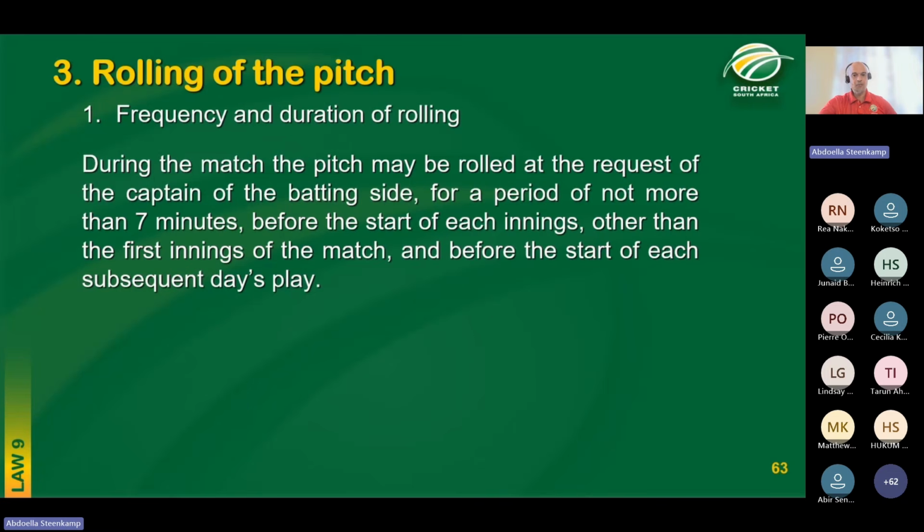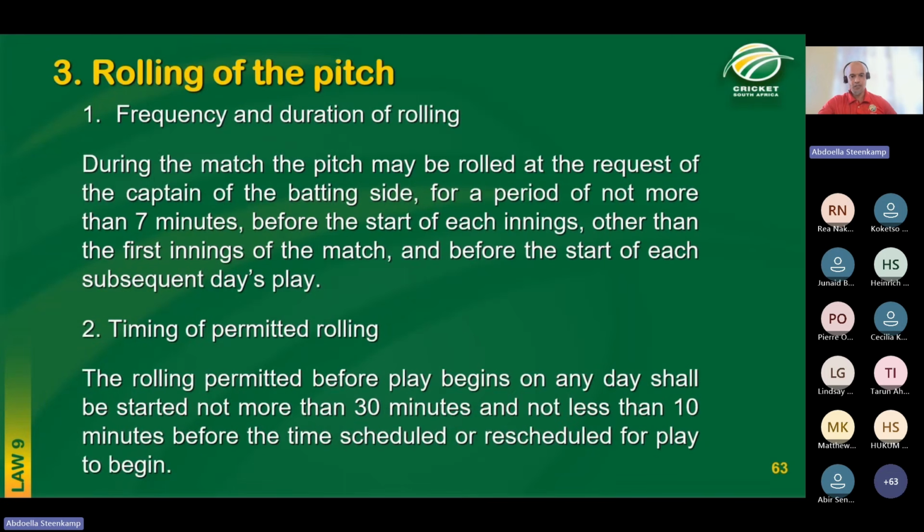Also, rolling is allowed before the start of each subsequent day's play. So on the morning of day 2, rolling can take place. The morning of day 3, rolling can take place. Similarly on day 4 and the morning of day 5.